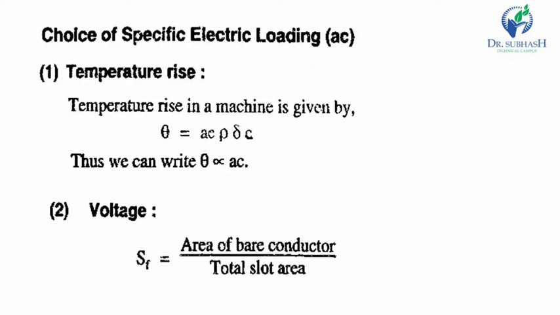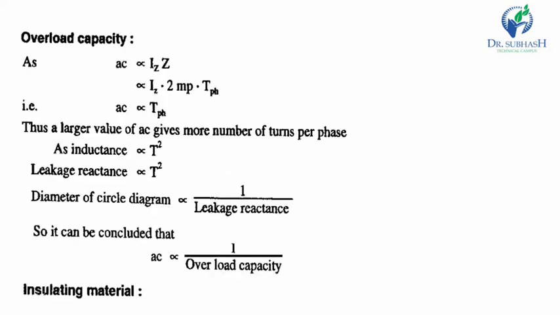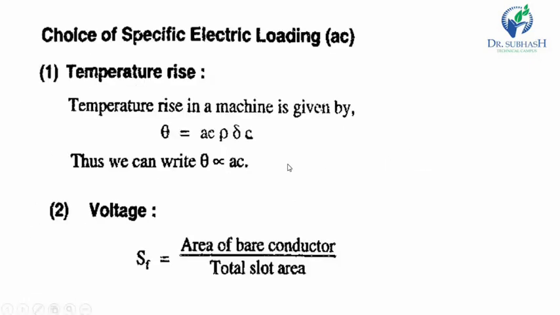In any machine, the temperature rise is given by theta equal to AC rho delta upon C. Here theta is the temperature rise value, AC is the ampere conductor, rho is the resistivity of the material, delta is the current density, and C is the cooling coefficient.